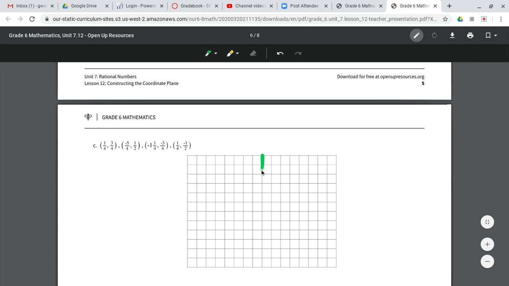So get your y-axis. Trying to keep it as straight as possible. So there's our y-axis. And then I'm going to put my x-axis right here. Let's see if I can keep this one straighter.